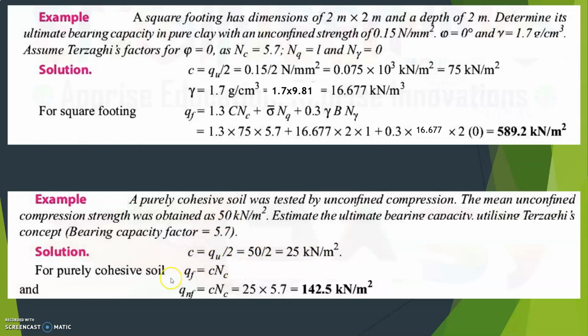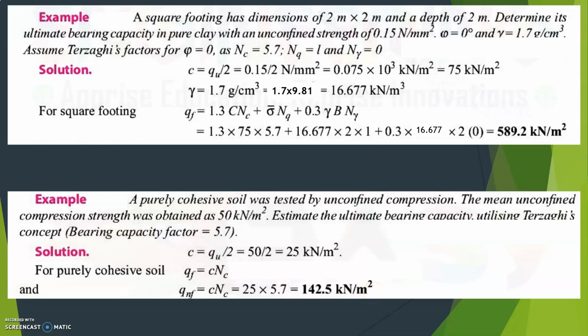Now for the purely cohesive soil, QF is equal to C into NC. The NQ and gamma terms are not there. So QNF is equal to C, 25, into NC, that is 5.7, that is equal to 142.5 kilonewton per meter square.